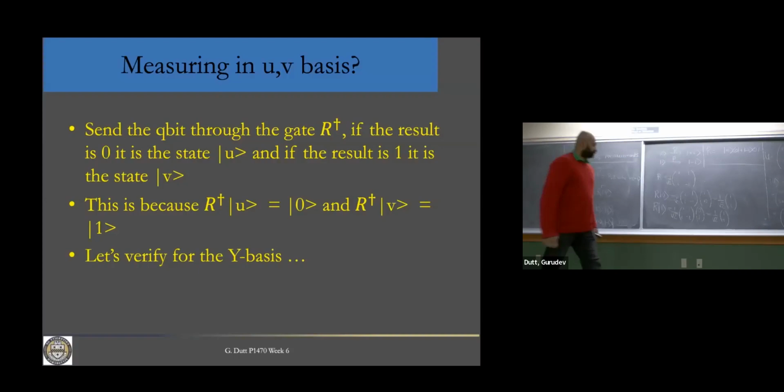Let's finish up our story for this protocol. Any general basis is the same idea. You just write down R, find R dagger, and do the same operation, and you'll get it.